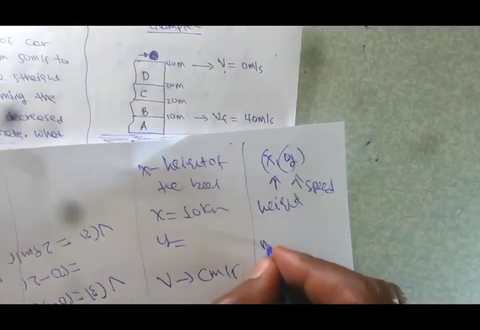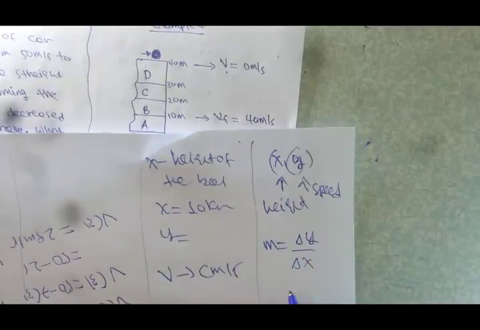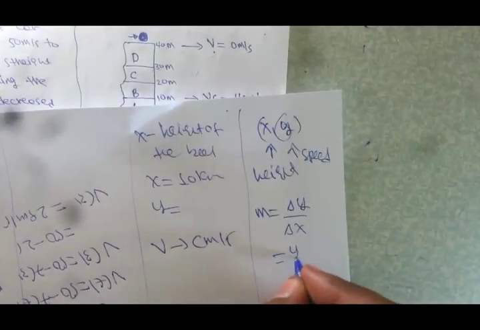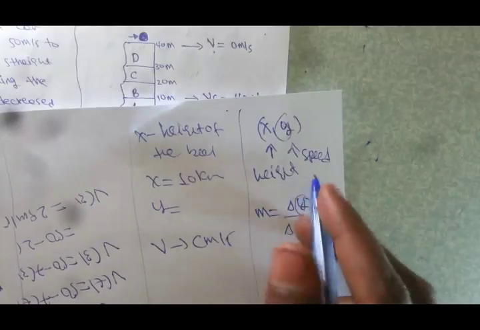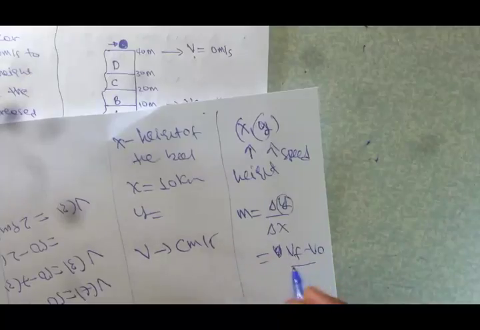Therefore, m is equal to change in y over change in x. Change in y means y is equal to speed. V final minus V initial over T final minus T initial.